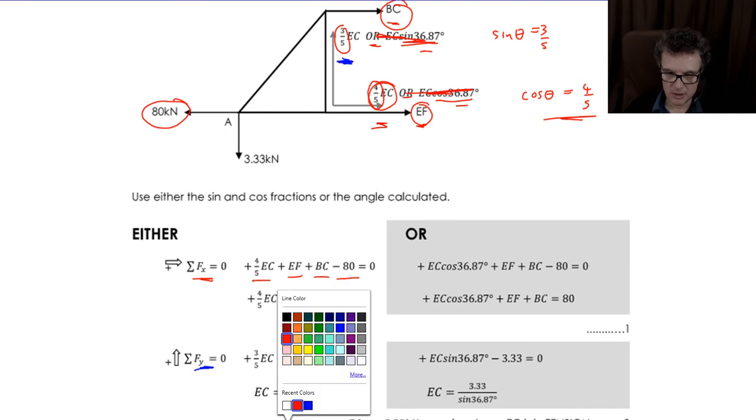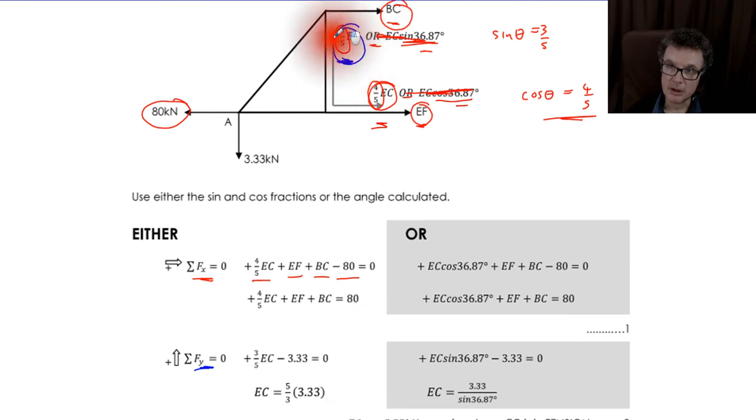Now let's look at the stuff in the y direction. So we've got this term here, my only unknown going upwards. So I've got the 3/5 EC going upwards, and then we've got 3.333 going downwards. So this is actually a nice equation. It gives me a solution.